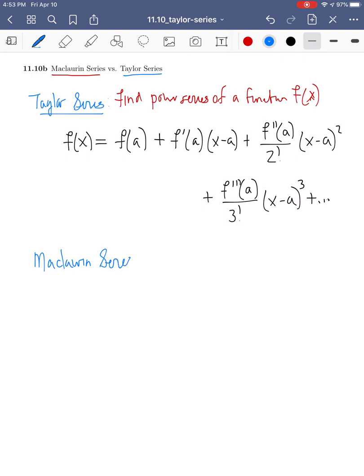And a Maclaurin series, the way I want you to think about this is a Taylor series centered at a equals 0. So it's literally the same thing as a Taylor series, but the very specific case where a equals 0.